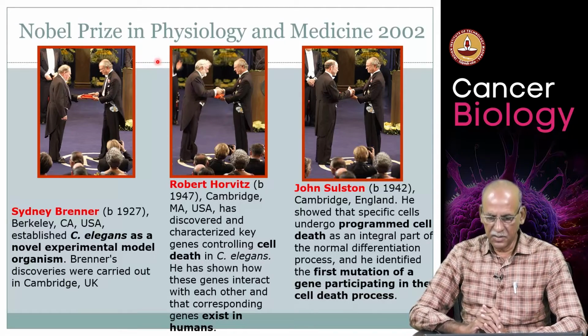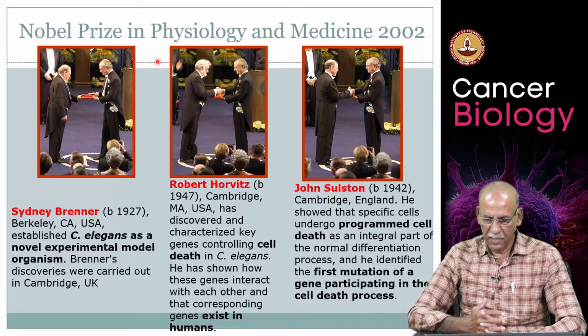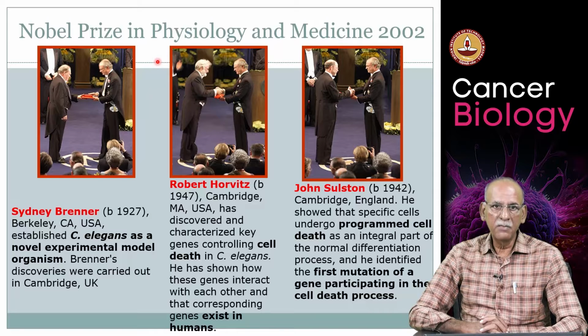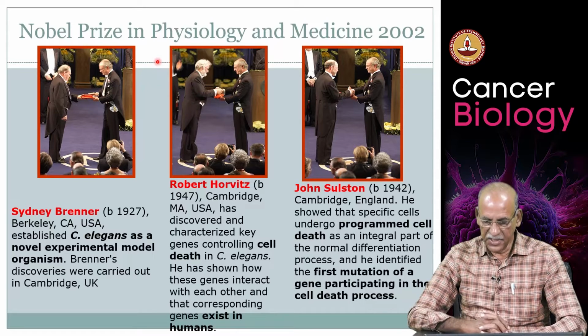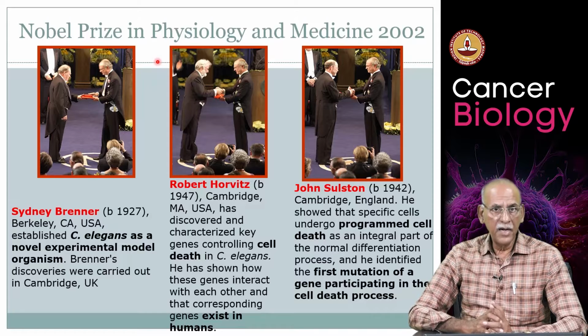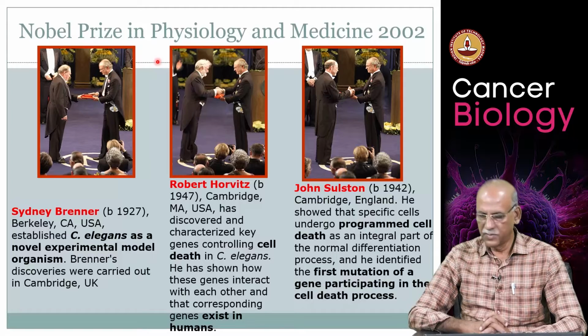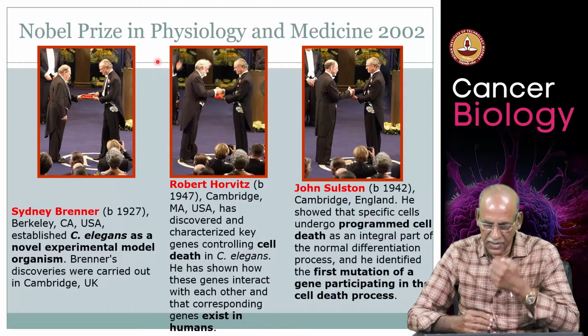So, that was made use of by John Sulston, who showed that specific cells undergo programmed cell death as a part of the normal differentiation process, and he identified the first mutation of a gene participating in the cell death process. So, these are the important discoveries.